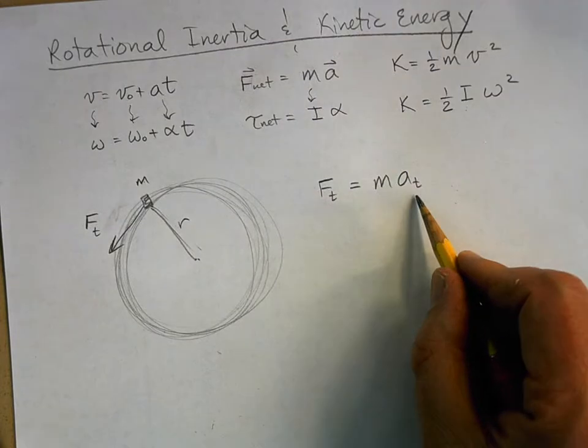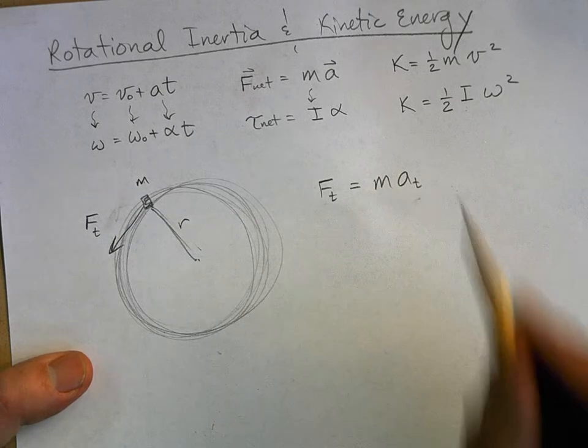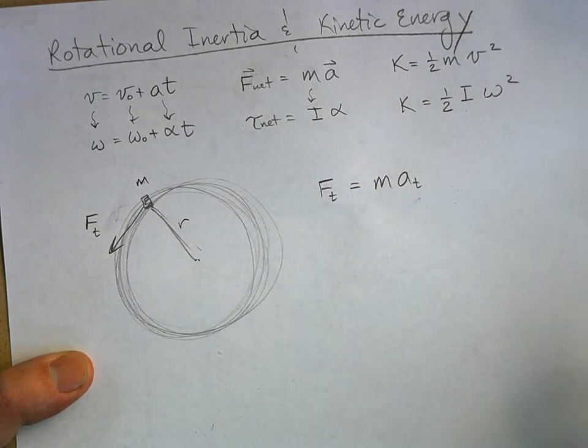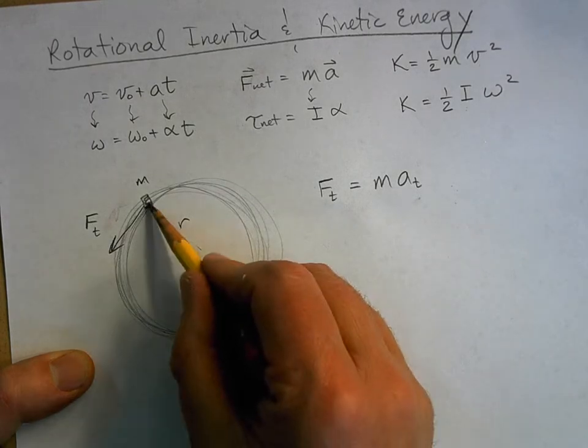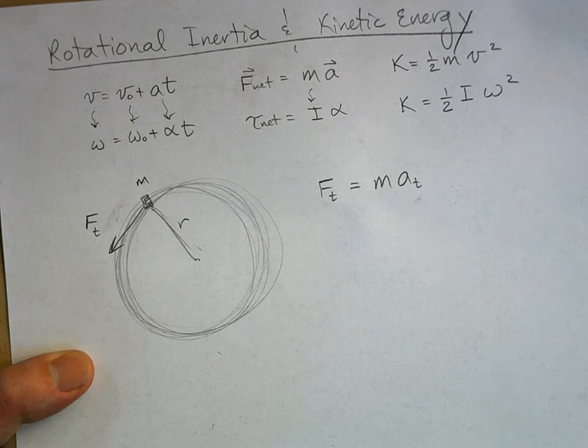This is not a centripetal acceleration; this is the acceleration that changes my speed. The centripetal acceleration is equal to v squared over r, but we're not talking about that right now.